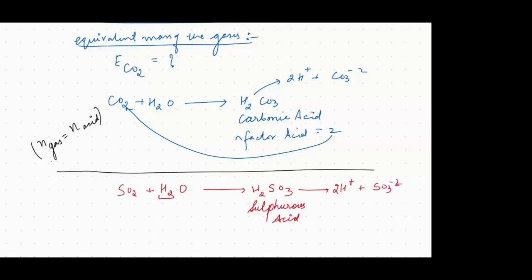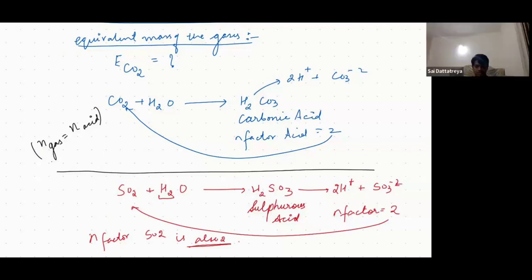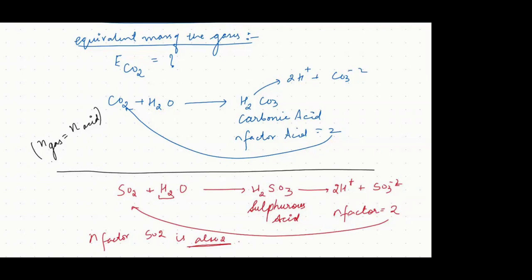So the N factor here for this acid would be 2. And hence I would say the N factor for SO2 is also 2. Did you understand my point? Any doubts on this? So we have this particular concept of equivalent mass.